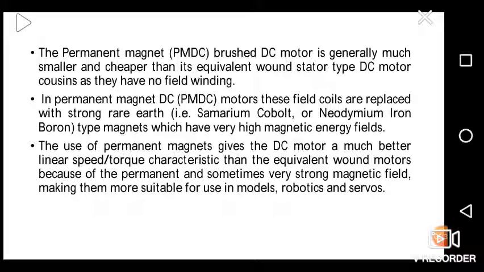The use of permanent magnets gives the DC motor much better linear speed torque characteristics than the equivalent wound motors because of the permanent and sometimes very strong magnetic field, making them more suitable for use in models, robotics and servos.